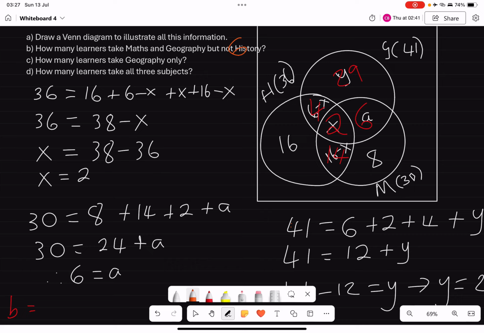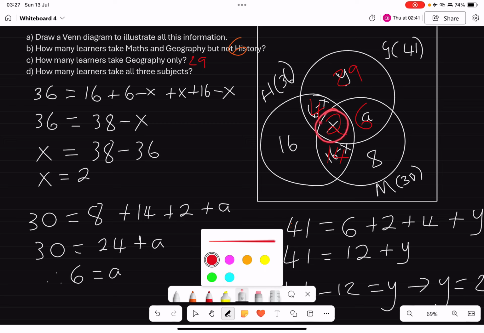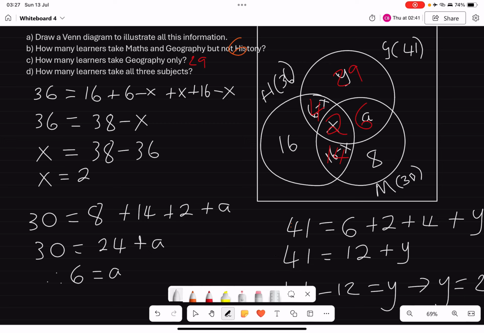How many learners take geography only? Geography only is 29. We can all see that, here. How many learners take all three subjects? It is this part here. It's 2 learners.